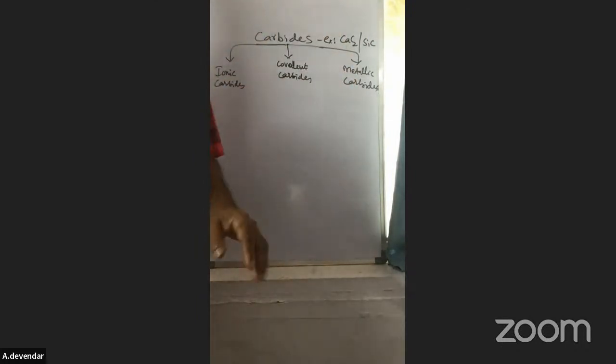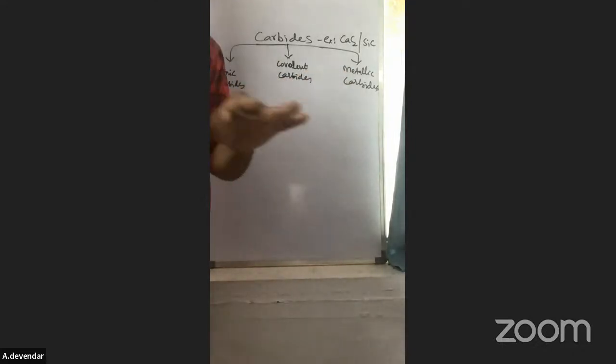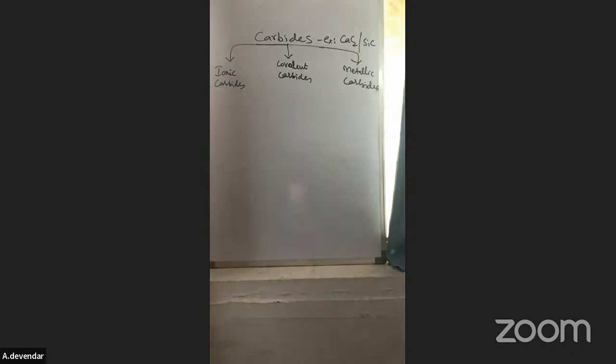Ionic involves transfer of electrons. Covalent means sharing of electrons. Metallic means metallic nature; only metals are present. In ionic carbides, the examples are aluminum carbide, Al4C3, calcium carbide, magnesium carbide, and beryllium carbide.